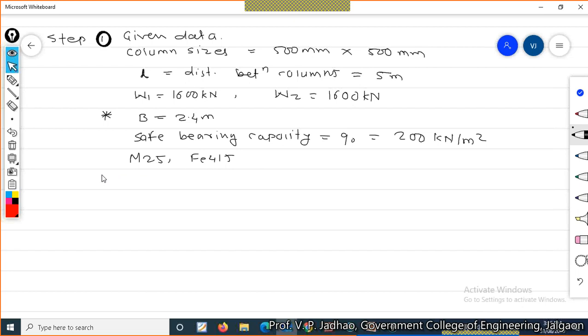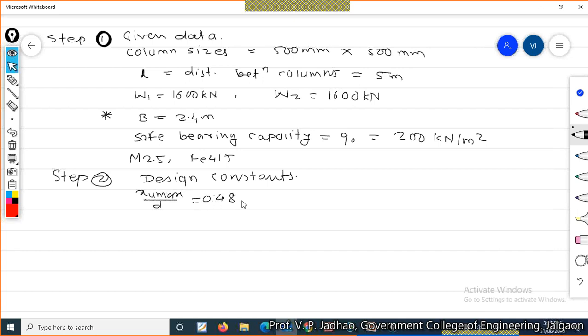Now for Fe 415, step 2: consider design constants. For Fe 415, the value of XU max upon D is 0.48.